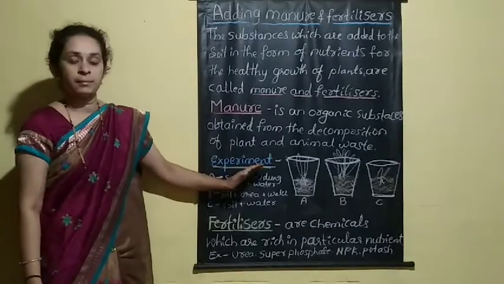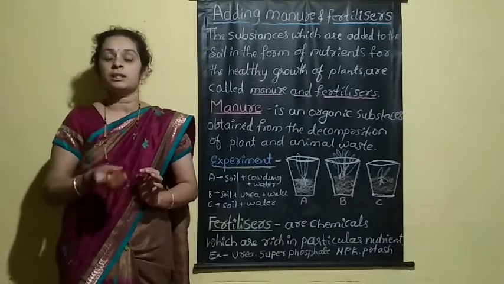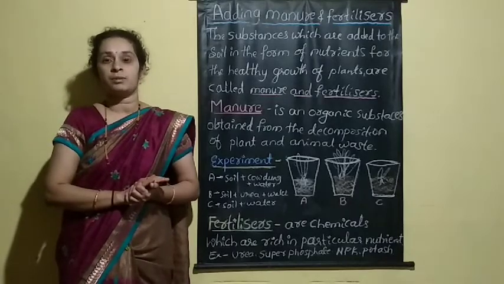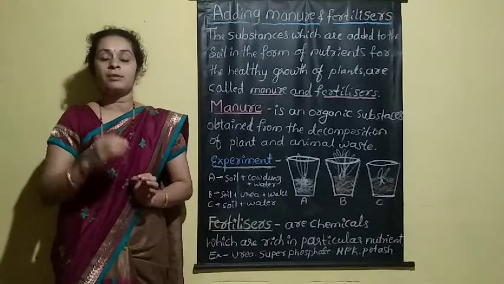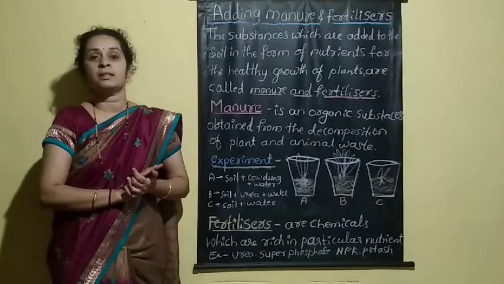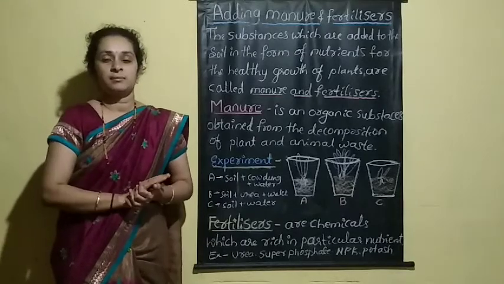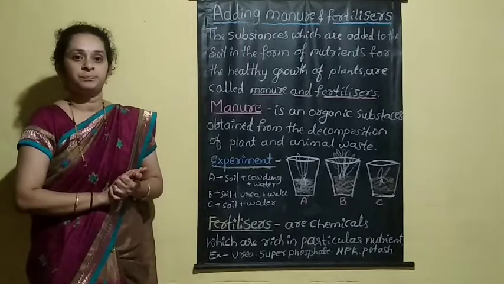For this experiment, you have to take moong seeds or gram seeds and germinate them. After germination, you have to take 3 same-sized seedlings.